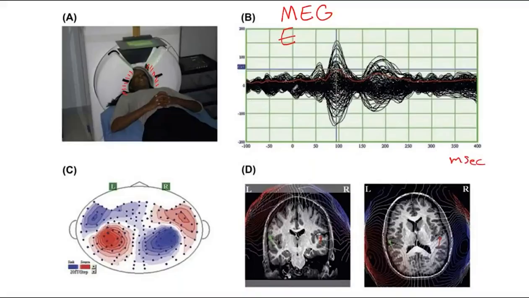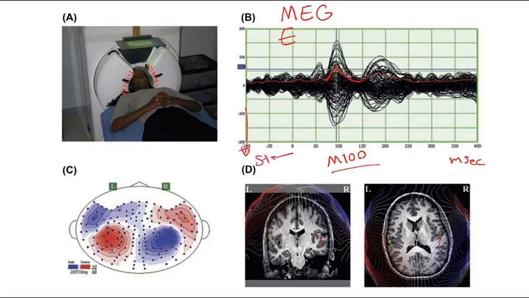If we give people an auditory stimulus, they produce what we call the M100. This is this specific wave, the positive average wave that we have 100 milliseconds after the auditory stimulus.